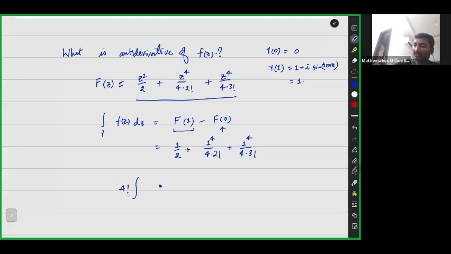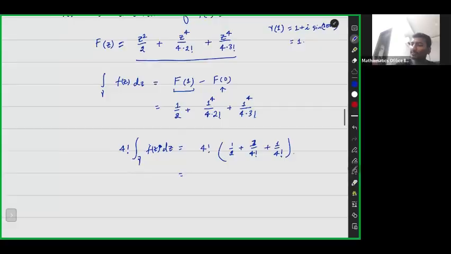We can solve it very directly: the integral over gamma of f(z) dz, multiplied by 4 factorial. So 4 factorial into 1 by 2 plus 3 by 4 factorial plus 1 by 4 factorial.